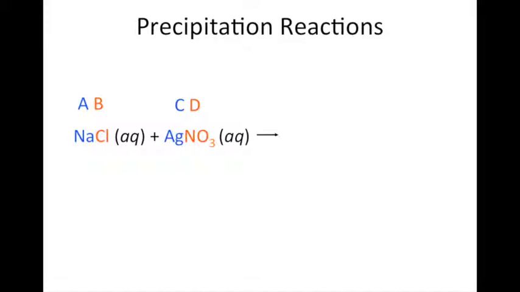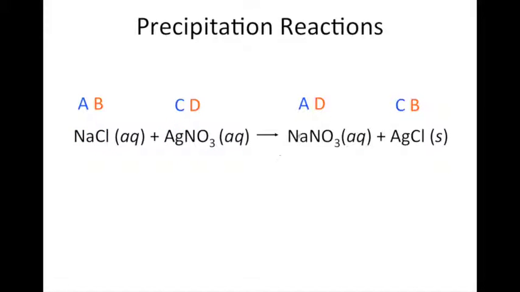So if sodium is my cation, chloride is my anion, and over here silver is my cation, nitrate is my anion, then my anions are going to switch places, and I'll end up with sodium pairing with nitrate and silver pairing with chloride. If I review my solubility table, so open up your text and look at your solubility table, you'll see that sodium and nitrate compounds are soluble, whereas silver chloride is insoluble. So this would classify as a precipitation reaction.